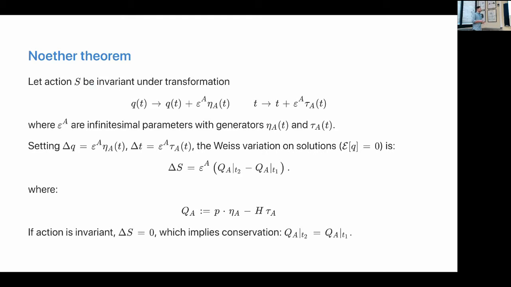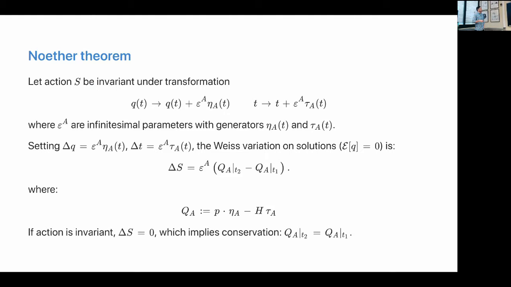Another thing that you can get pretty quickly from the Weiss variation is Noether's theorem. If your action has a symmetry, then you can write it in terms of some transformation. Symmetry means that the action is invariant under some transformation, which I've written in this form. Eta and tau are the generators of this transformation. These terms are changes to the q's and the t's, so we can write them as delta q and delta t.